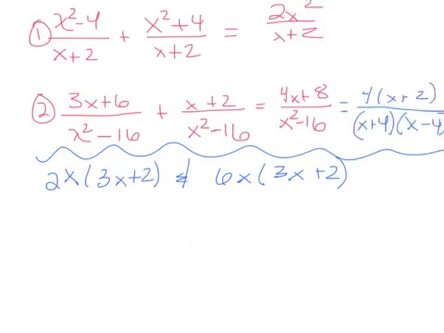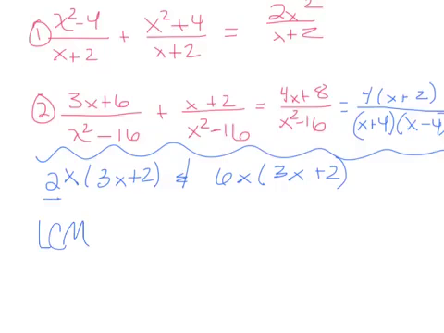Looking at both of these, they both seem to have an x on the exterior of the binomial. They both have a 3x plus 2 binomial. But one of these numbers can enter into the other number, meaning it could be a factor, so the other number would be a multiple. If I were to look at this and I would say, okay, what is the least common multiple? Once they're factored, it's really easy.